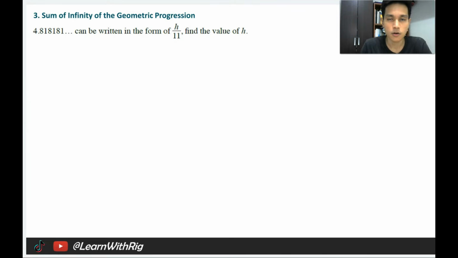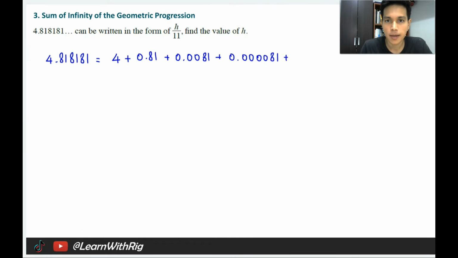Because it's a non-stop decimal, you can use the sum of infinity formula. So in this case, they want you to change it into the form of h over 11, in the form of a fraction. So let us do it together. 4.818181 is equals to what? 4 plus 0.81 plus 0.0081 plus 0.000081 and so on.